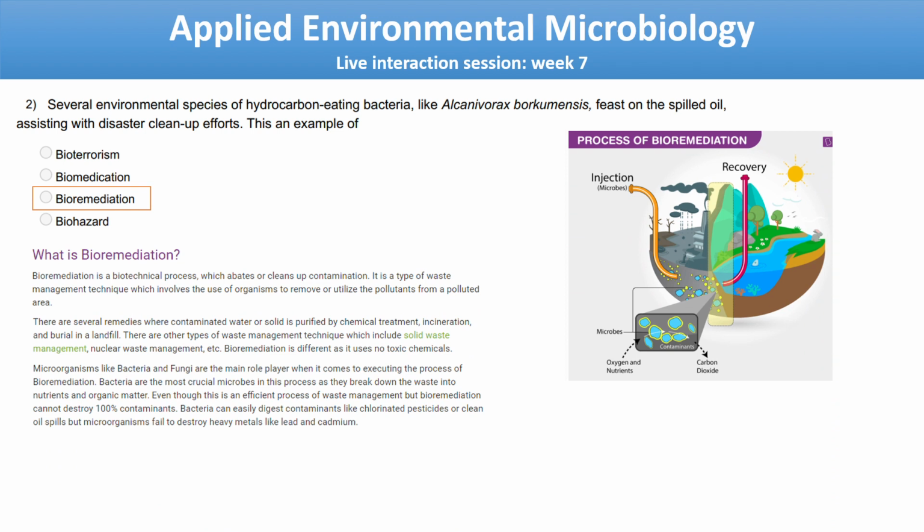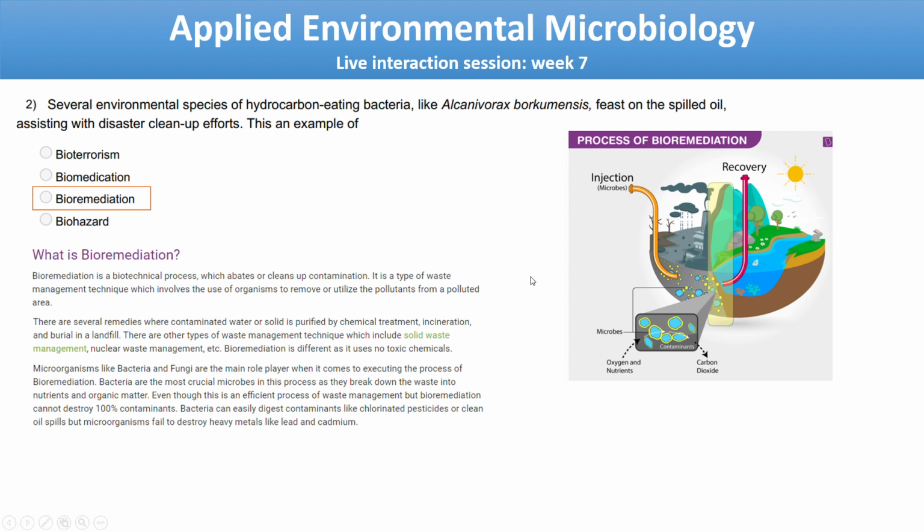The organisms involved in this technique remove or utilize the pollutant present in a polluted area. There are several remedies when we look at contaminated water, solid waste or tip treatment.